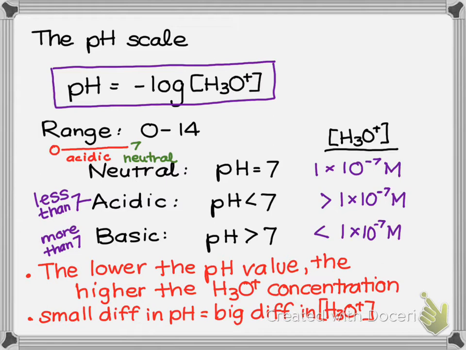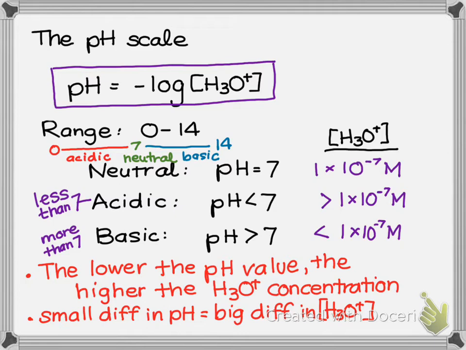And then basic would be up to 14. So on the scale, less than 7 is acidic and greater than 7 is basic.